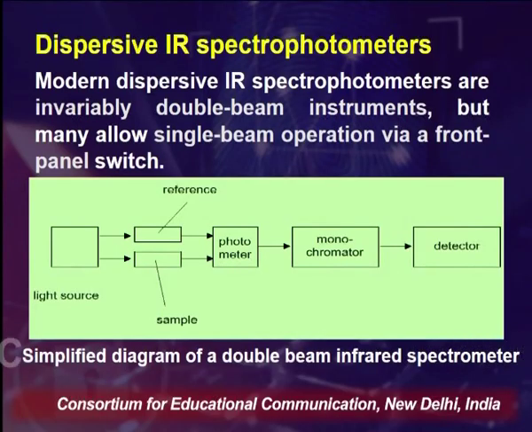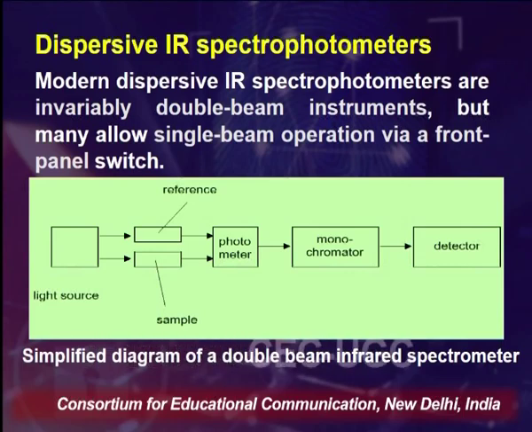So, at a single point of time, two beams are passing through two different paths, in which we have placed one reference and one sample. After that, it passes to the photometer and then the monochromator, and further the detector will detect all the radiation, and we can get a spectrum through which we can analyze our sample.